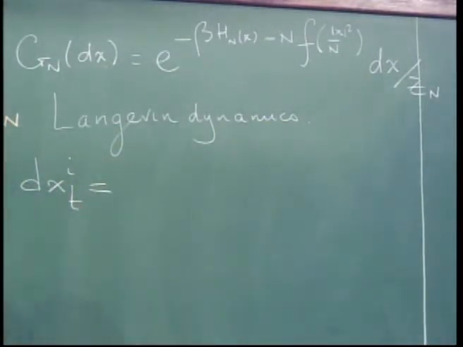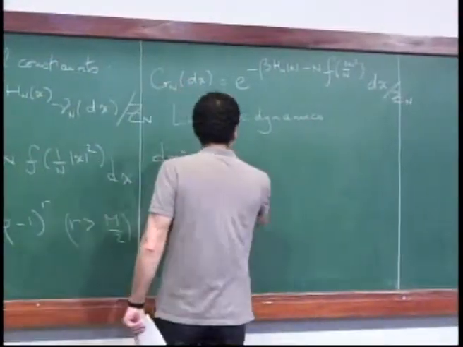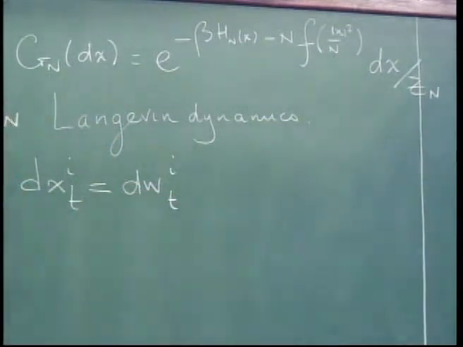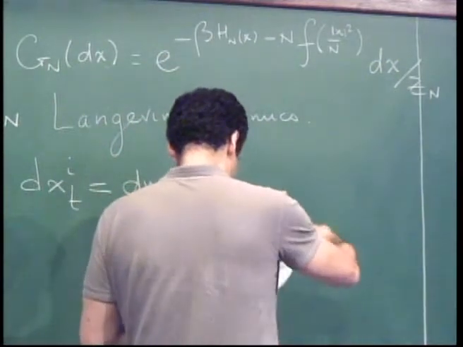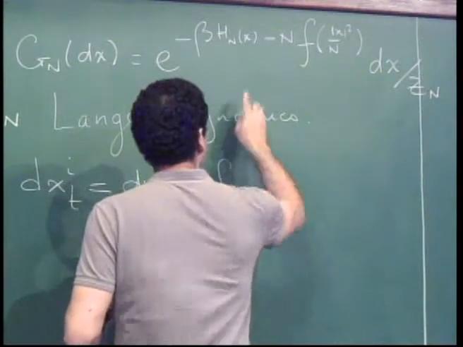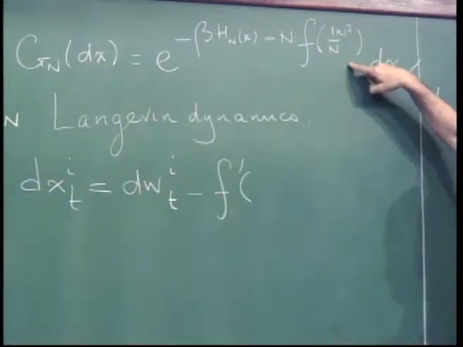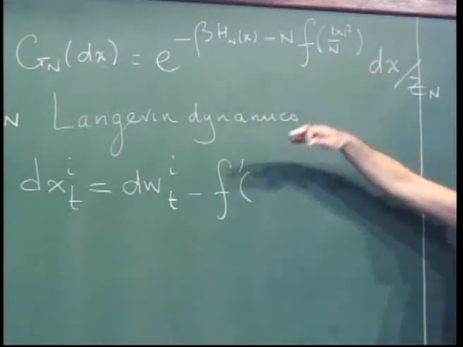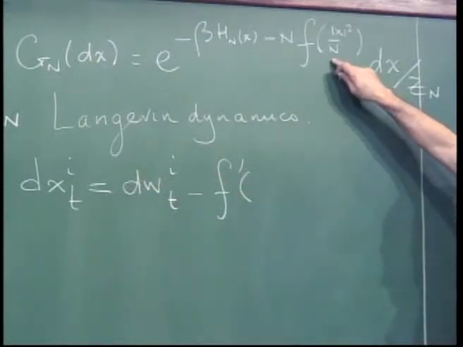Each spin now, x_i(t), depends on t, and it's simply dW_i(t), that's independent Brownian motions, and minus f prime of, so I should take the derivative of this with respect to the ith coordinate. I'm supposed to take the gradient of that. The ith coordinate of the gradient is the ith derivative. What is the ith derivative of this?